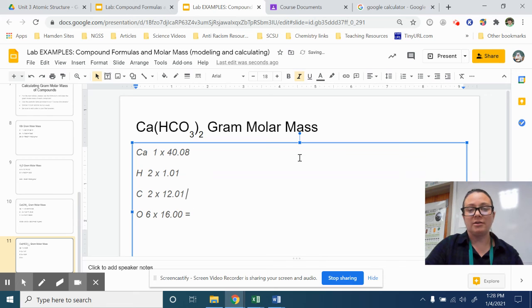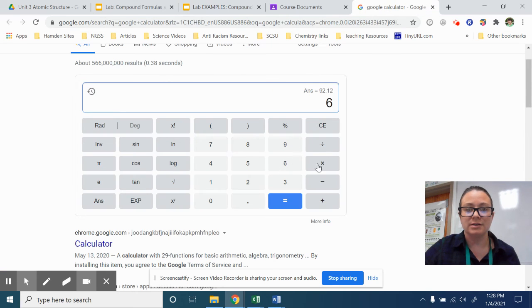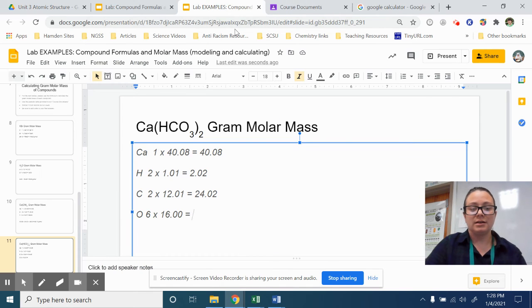All right, now I'm going to multiply all of these ones out. That's my next step, and then add them up. 40.08, 2.02, 24.02, and 6 times 16. Whew. 6 times 16, I get 96.00, right? Keep all those with 2 decimal places.